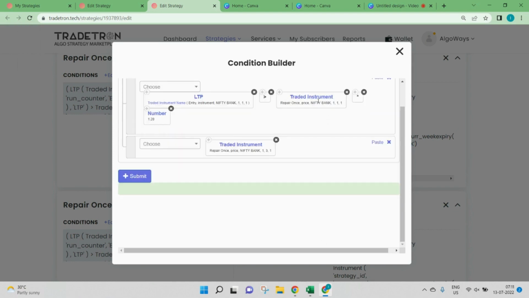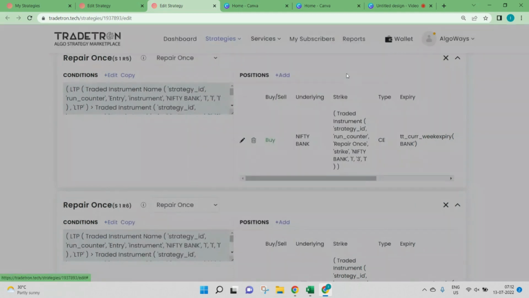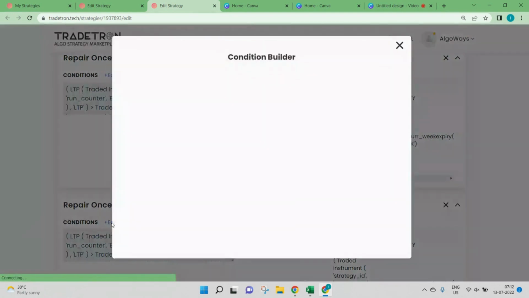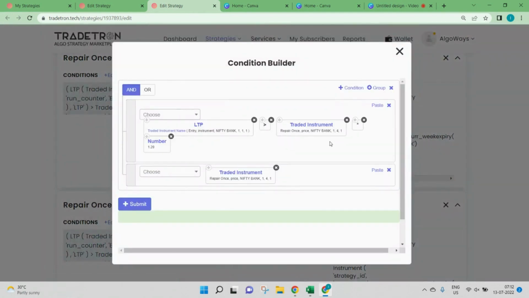So this will fetch the original stop loss price at which the CE was exited, that is 420. So in this case, I'm not changing it. I am keeping the stop loss as it is, 20% of the fresh entry level of this particular strike. Okay.